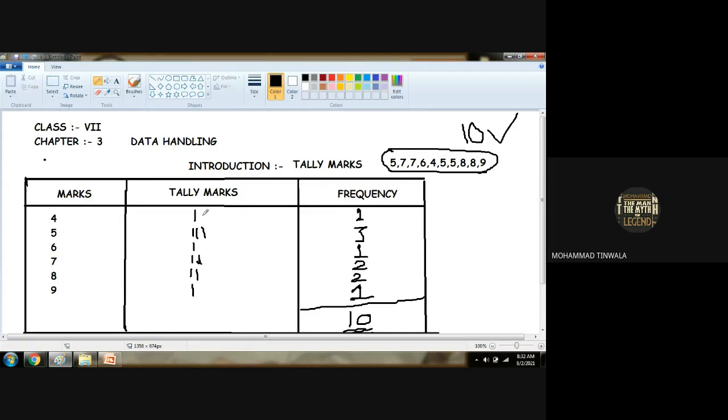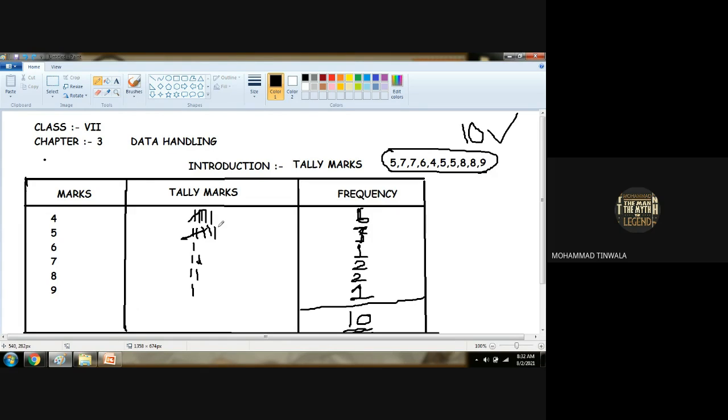If for example 4 is 3 times, let's take an example of 6 times. So what you will do: 1, 2, 3, 4 and 5, and 1 more, 6. If this is 7 times instead of 3 times, what you will do: 4 times, then 5 times, 6 and 7.